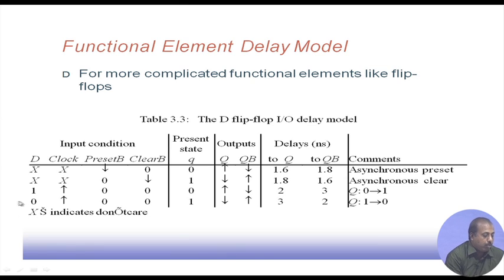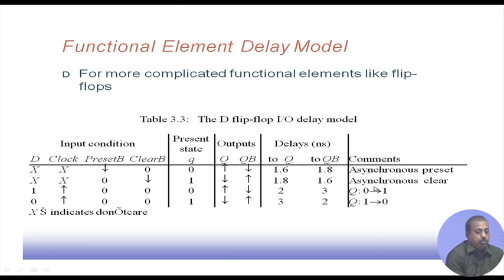Whereas, for a normal operation, when the D line is 1 and there is a clock edge going up, if the present bit is 0, it takes 2 nanosecond for the Q output to change from 0 to 1, and 3 nanosecond for Q bar.